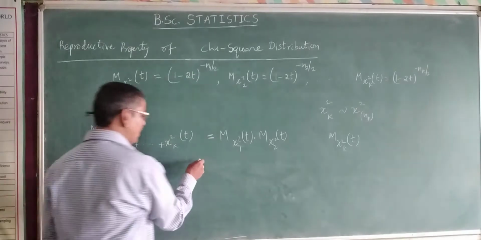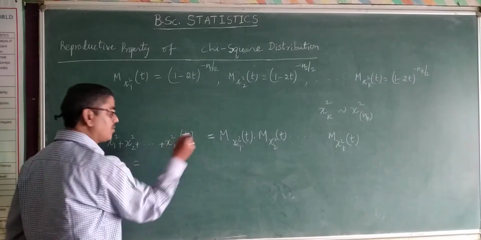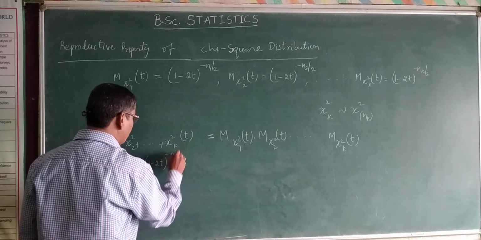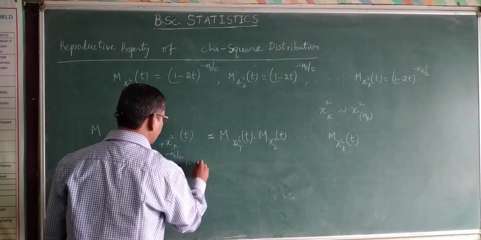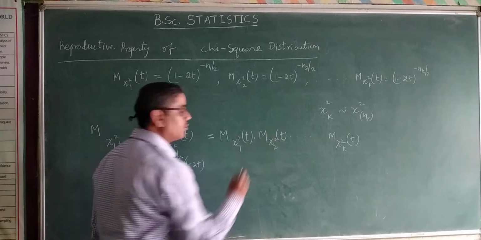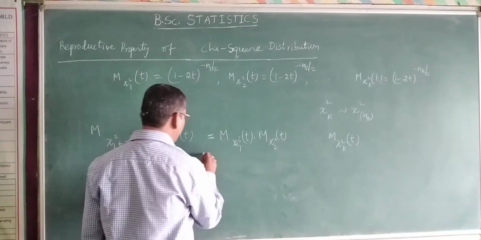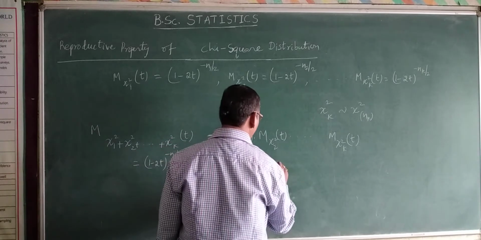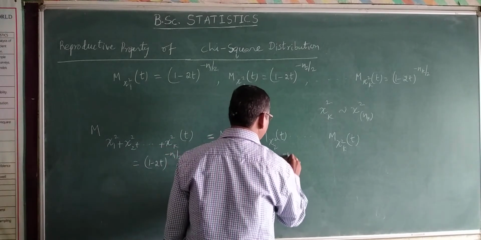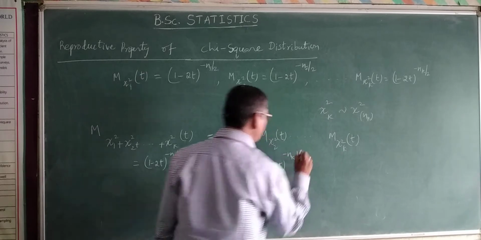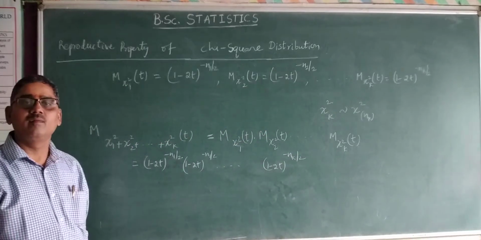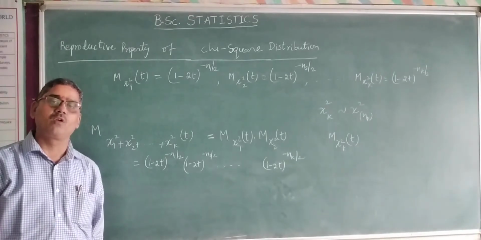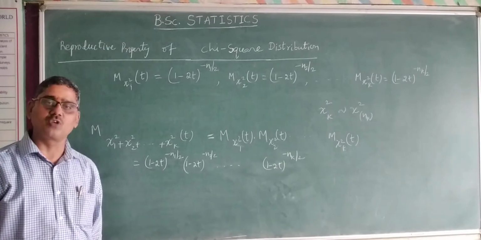So it is (1 minus 2t) to the power minus n1 by 2, and the second one, M of chi-square 2 at t, is (1 minus 2t) to the power minus n2 by 2, and so on multiplied by (1 minus 2t) to the power minus nk divided by 2. You understand this? That is from the moment generating function of chi-square with degrees of freedom n1, n2 and so on nk.